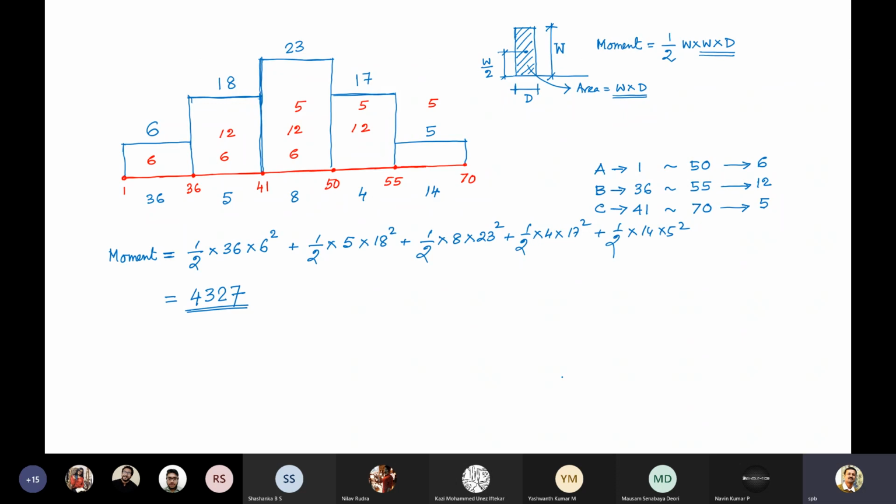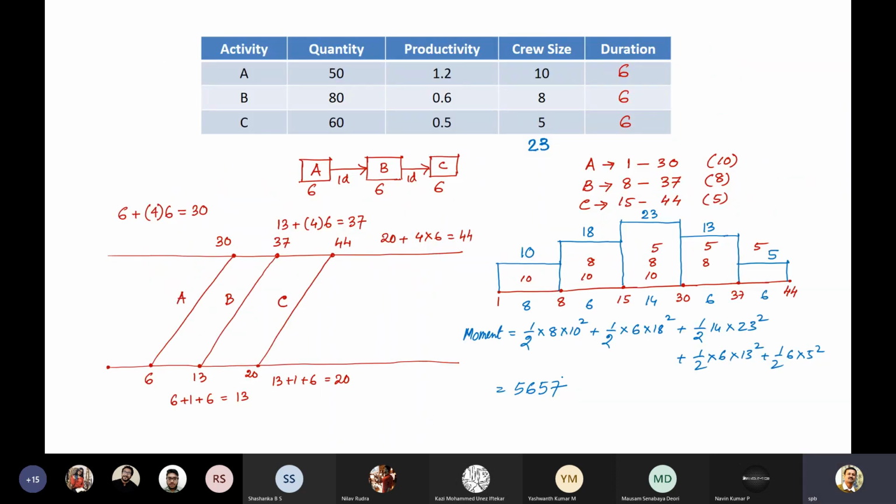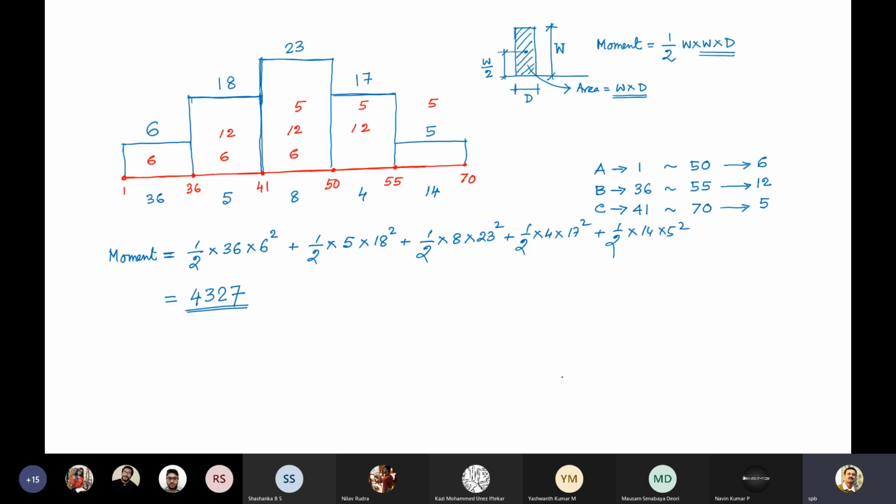Actually this is 6 and 5, that is why it is changed. It is distributed over a longer period, and that is why this 5 and 6 and there it is 10 and 5, and instead of the 13 over there, here it is 17, so that is higher.